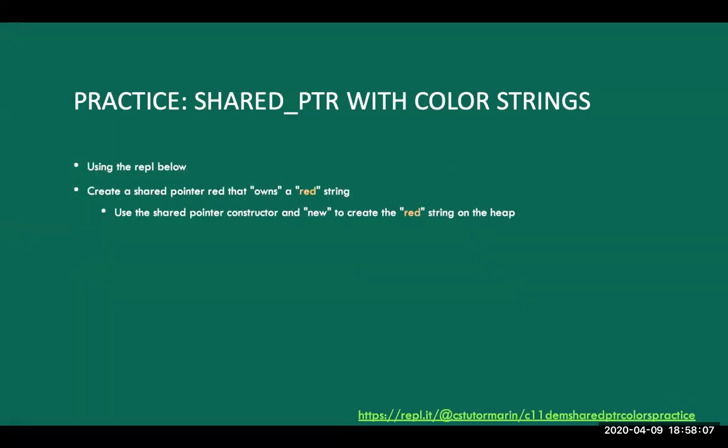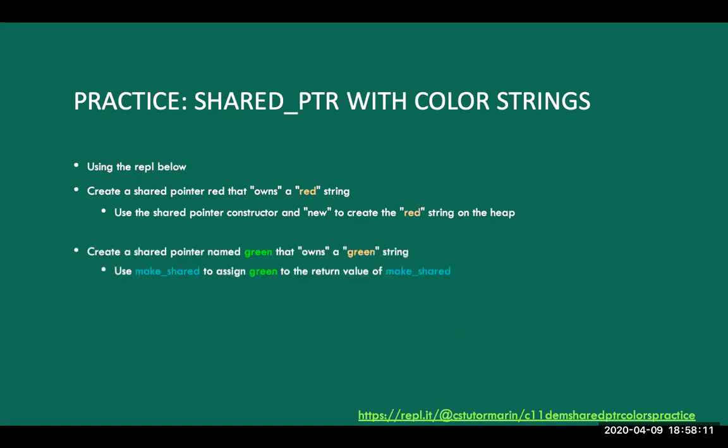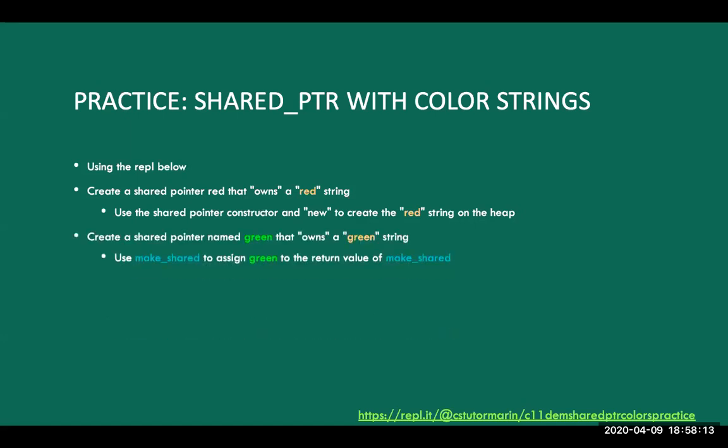So we're not creating color instances here. We're just creating string instances. So create a shared pointer named green that owns a green string. And then use make shared to do that. And I'll roll back to that previous slide and I'll give you a link here in a second. And then create a shared pointer named extra that starts out life as null.